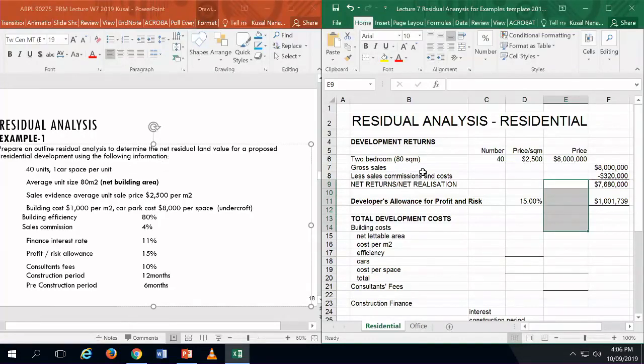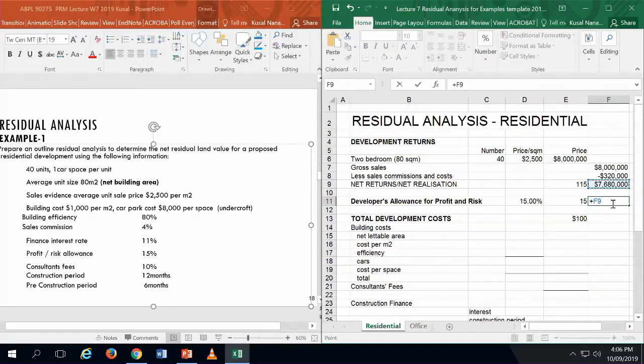Right? So again, 15% of total development cost. So if total development cost is 100, the profit is 15, and this net realization should be 115. Right? And then how do you calculate?